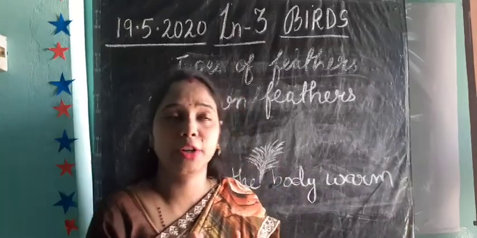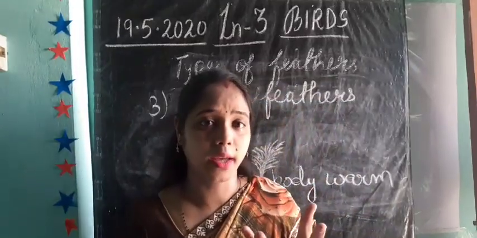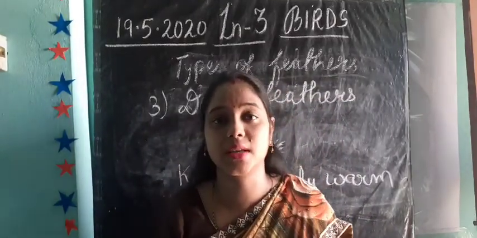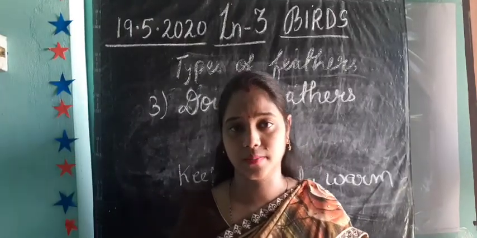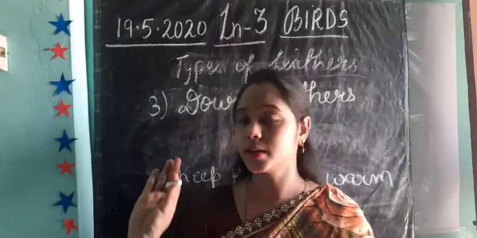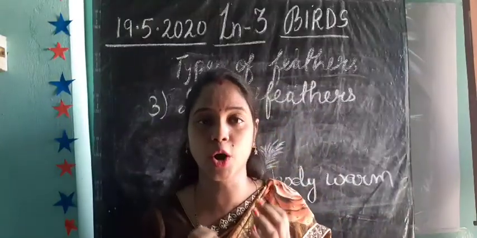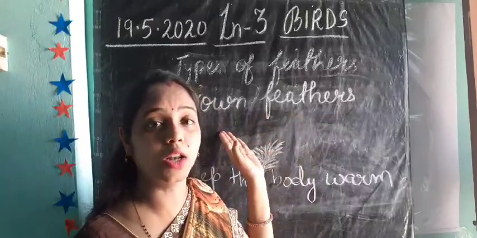When you see a bird baby just hatched from the egg, you can see it is fully skin and has very tiny small feathers. Then slowly it will develop. That first layer is also down feather. It keeps the bird's body warm. In the winter season, this works a lot.